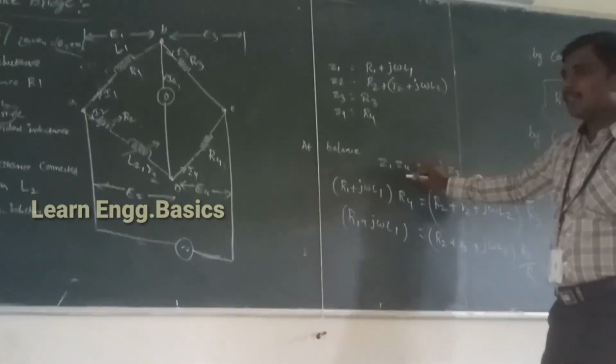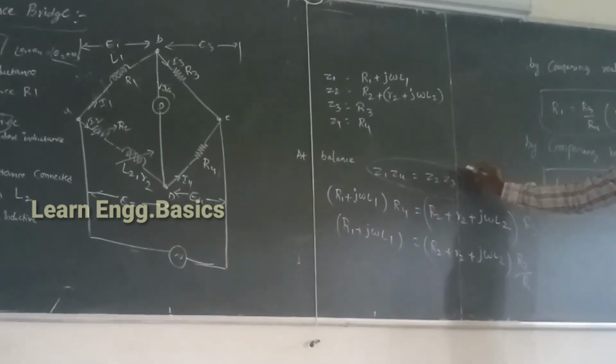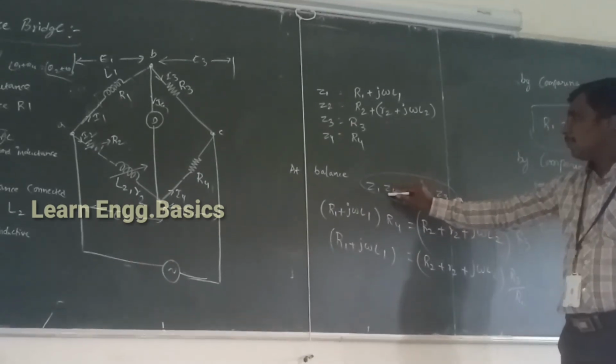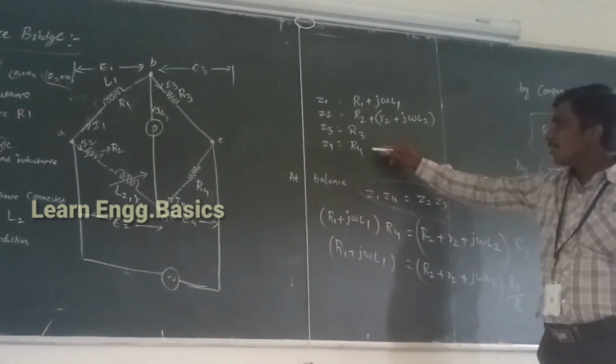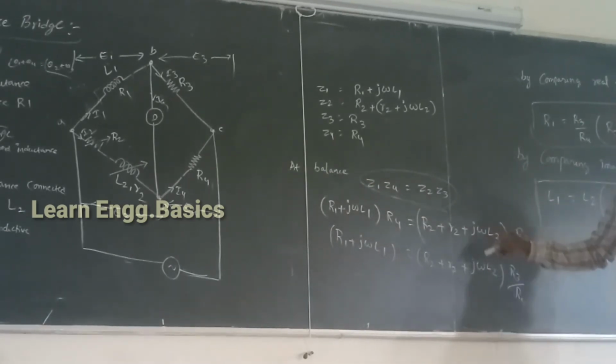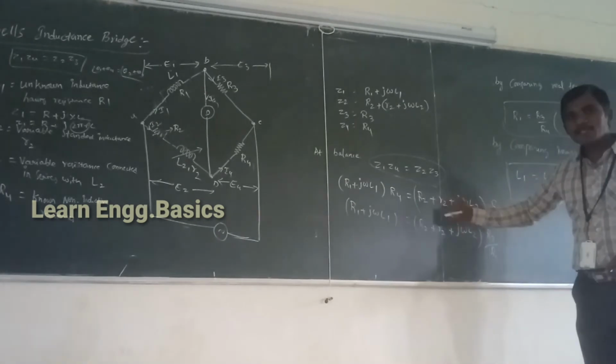At balance, we derived Z1 Z4 equal to Z2 Z3. Substituting all these values, we compare the real and imaginary parts on both sides.